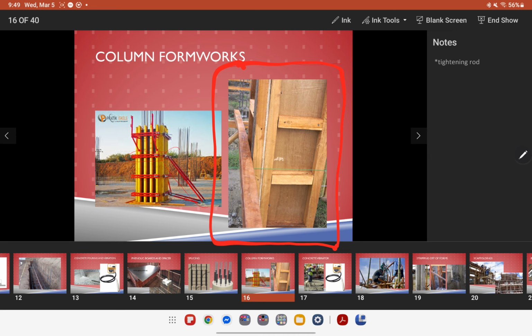So what you will need to do is to make 4 sides of vertical and horizontal studs placed on a plywood. If you look at the side, the studs will look like this.